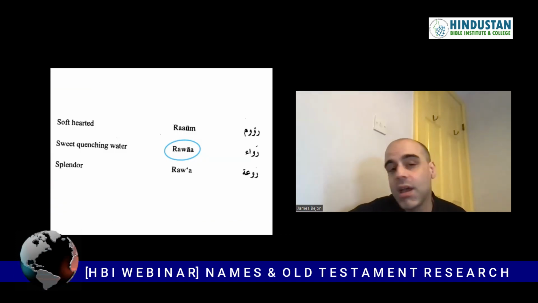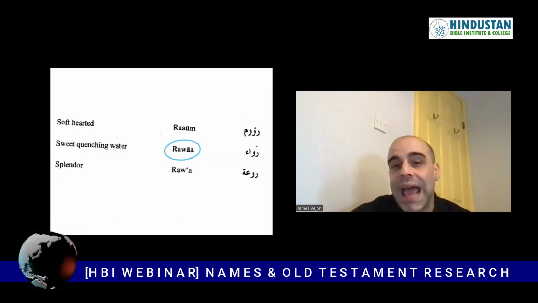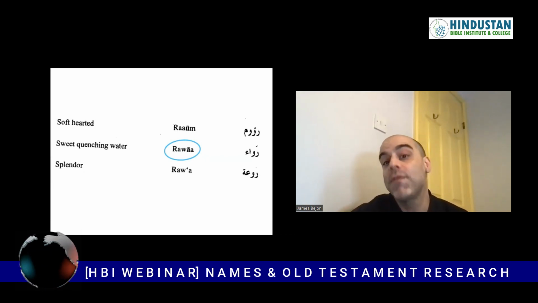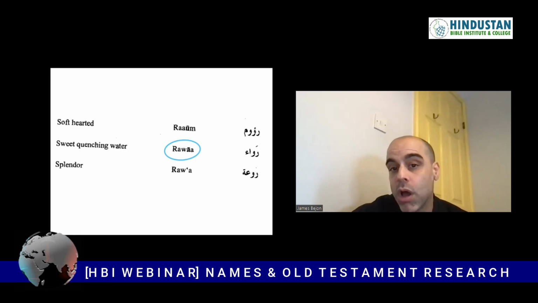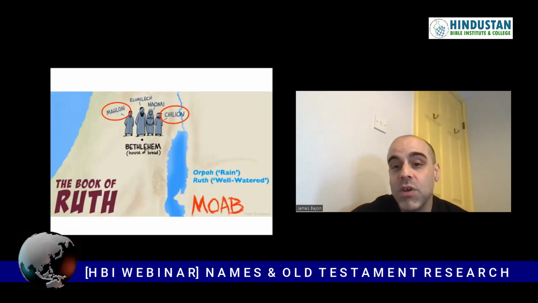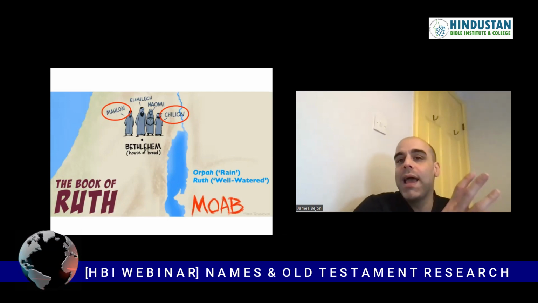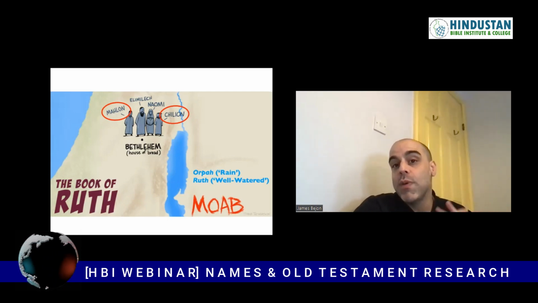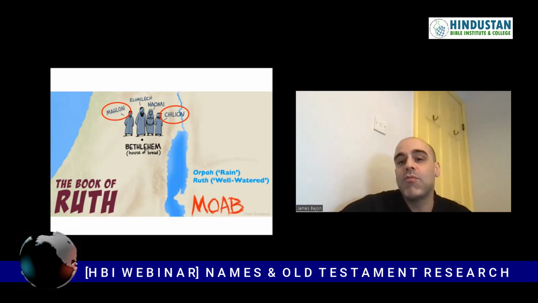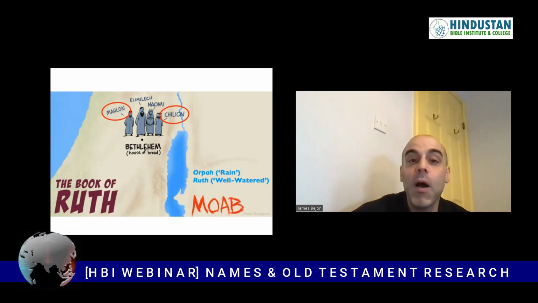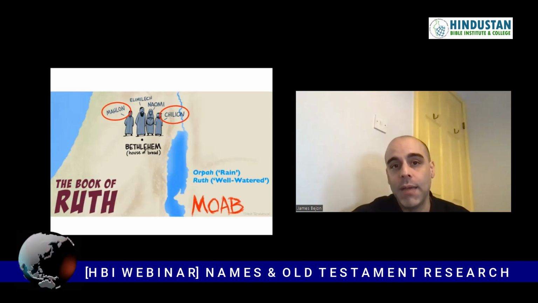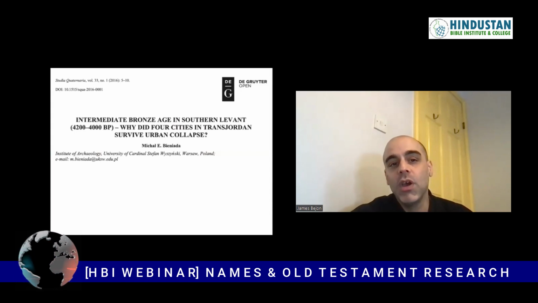Here is just a page photocopied out of a modern Arabic name book, and they refer to the equivalent of the name Ruth, Rawa, this would be pronounced, and it refers to water. So we've got the situation where you have names to do with a famine in Bethlehem and names to do with fertility and rainfall in Moab, which is precisely the situation which is described in the book of Ruth.